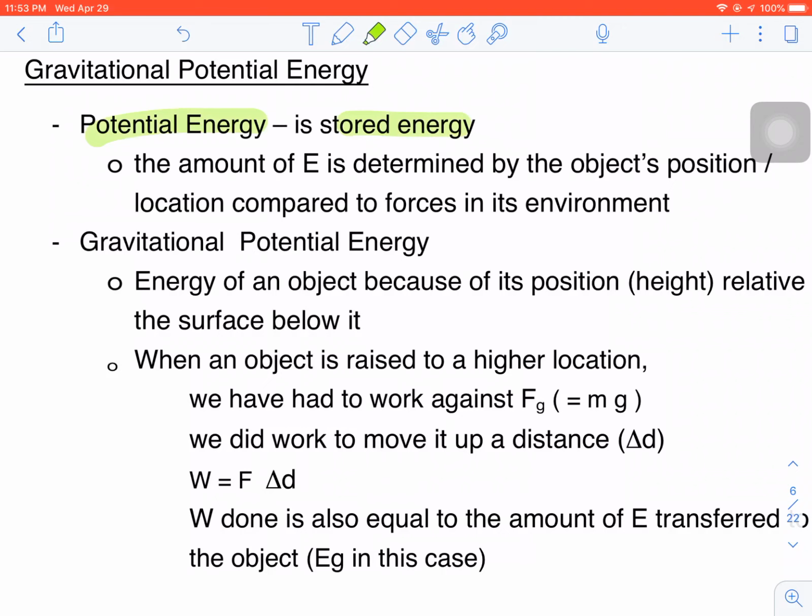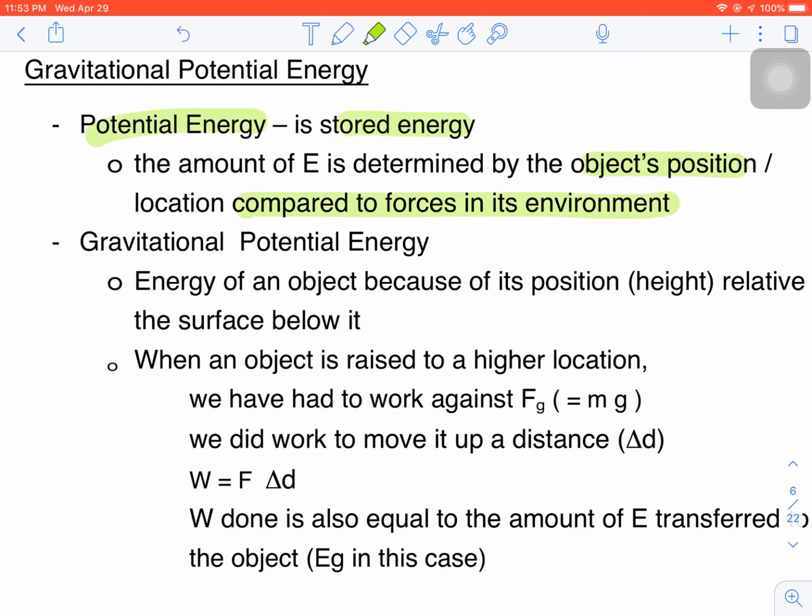My textbook here has gravitational potential energy. It's stored, in this case, not because of chemical bonds, but because of where the object is located. The reason my book has potential energy, and quite a bit, is because of where it's located compared to its environment.